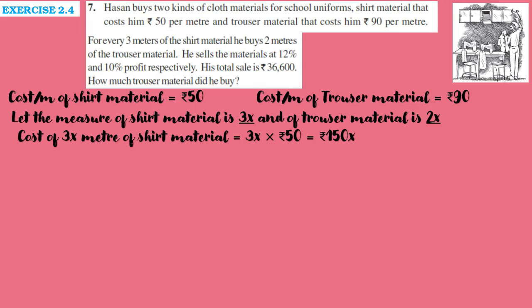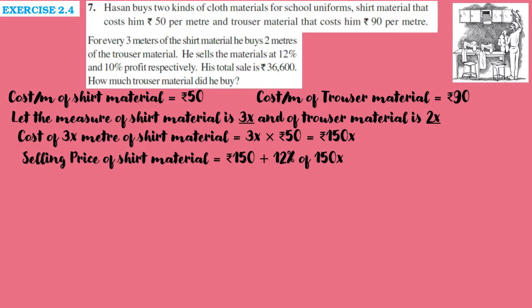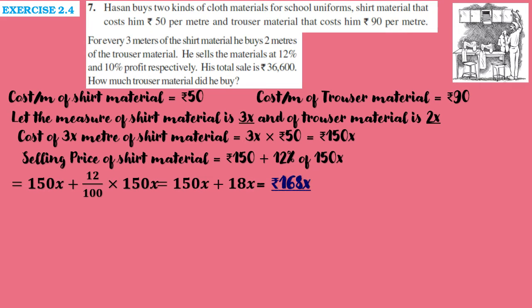That is the amount. And 12% profit for shirt material. So selling price of the shirt material will be this 150x plus 12% of 150x. That is 150x plus 12 by 100 of 150x, which is equal to 168x.